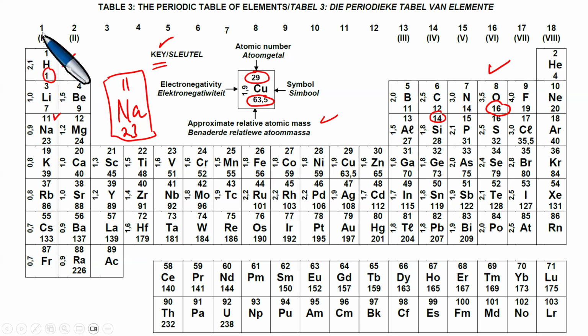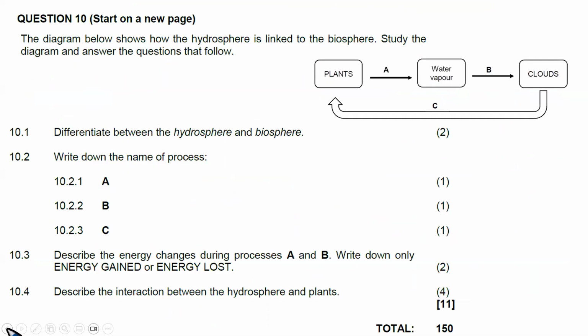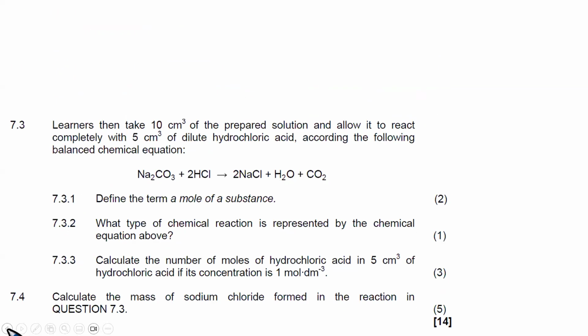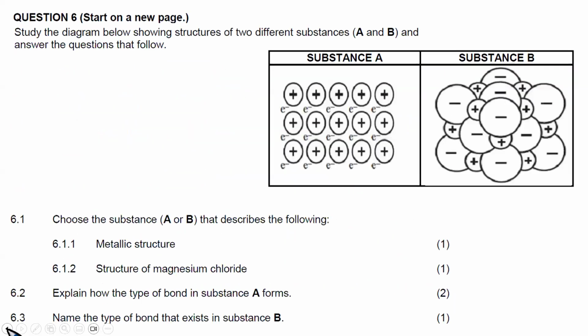In group 1, you have hydrogen, lithium, sodium, potassium, rubidium. If sodium forms P2O, rubidium is going to form Rb2O, because it has the same properties as sodium.